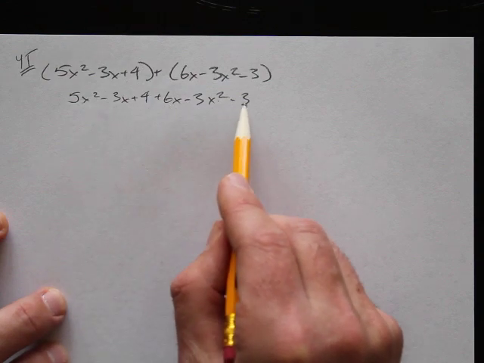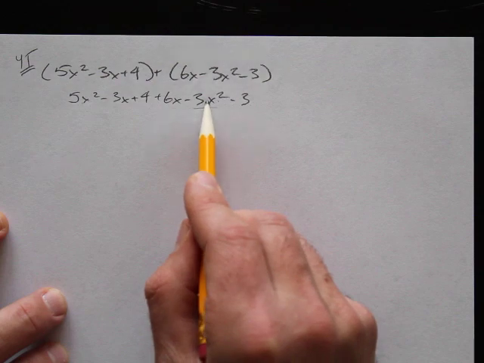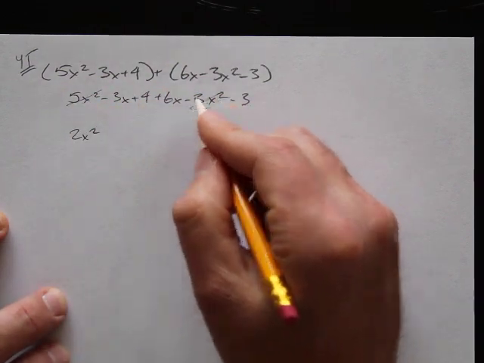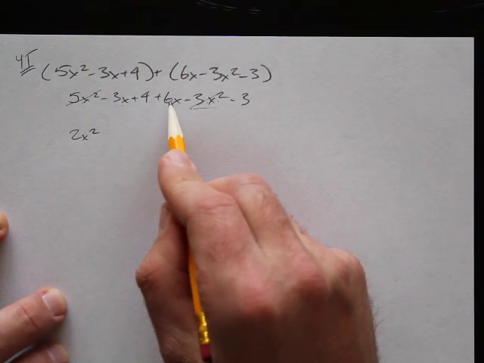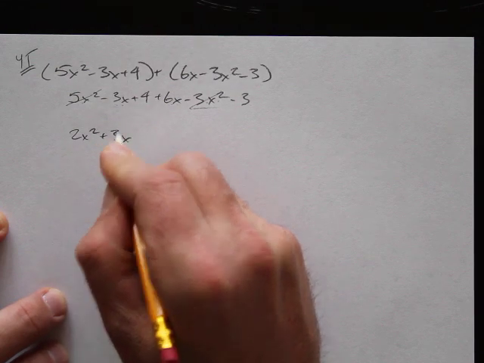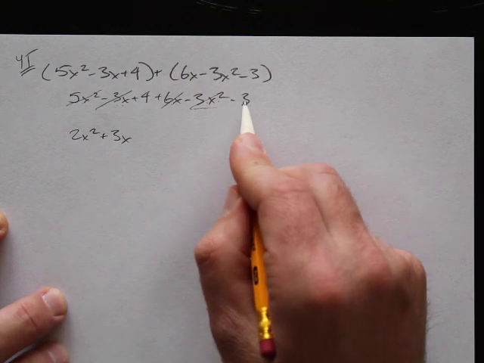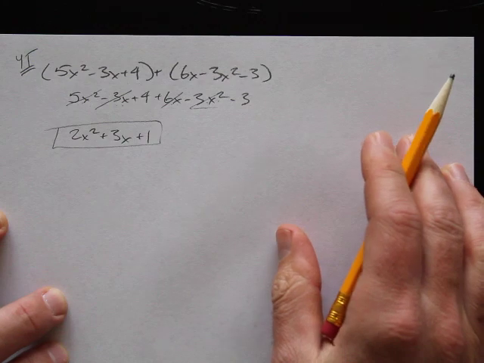I don't see any other x squareds except for this one. So 5x squared minus 3x squared is 2x squared. So I'm going to cross those off. And then I have x, negative 3x, and positive 6x is going to get me positive 3x. I'm going to cross those off. And then 4 minus 3 is 1, plus 1. That should be my answer there.